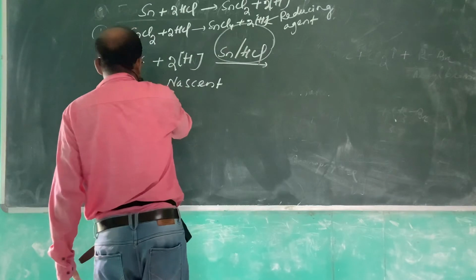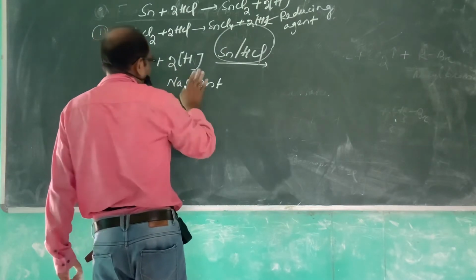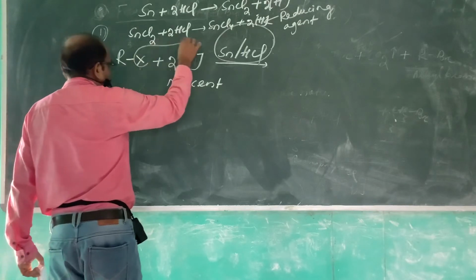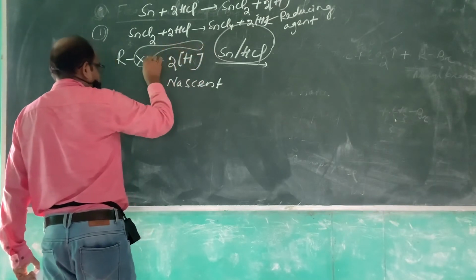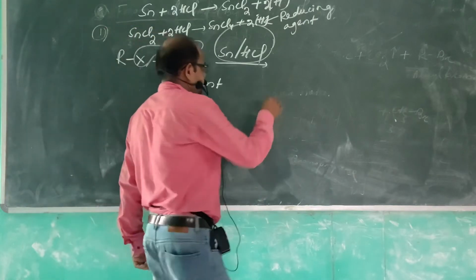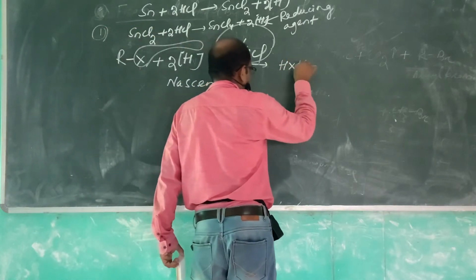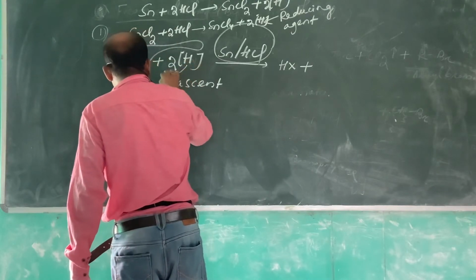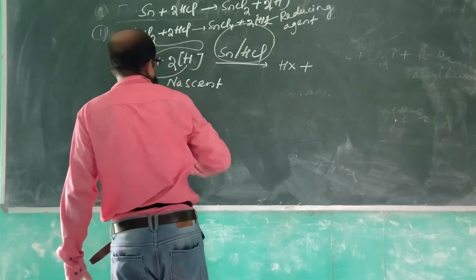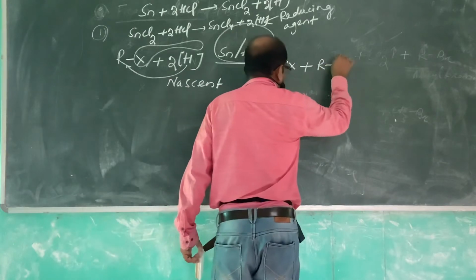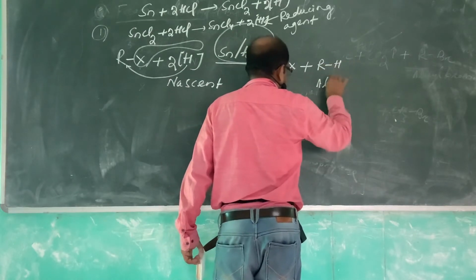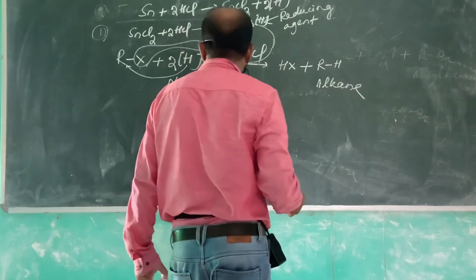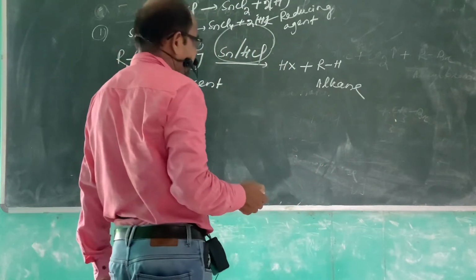It reduces alkyl halide to alkane. Here the halogen atom combines with one nascent hydrogen atom to give hydrogen halide, and another hydrogen atom combines with the alkyl group to give RH, the alkane. That means here the alkyl halide is reduced to alkane.